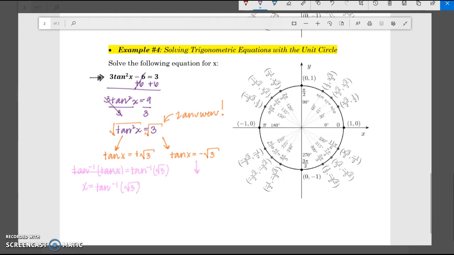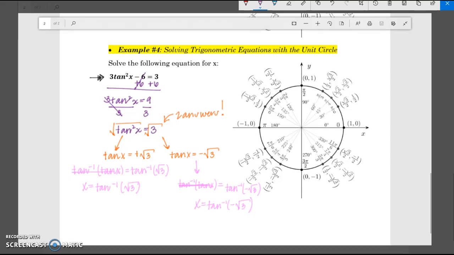I can do the exact same process over here. Inverse tangent of tangent of x being equal to the inverse tangent of negative root 3. Inverse tangent and tangent cancel out, and I'm left with x is equal to the inverse tangent of the negative square root of 3. So then I just need to evaluate those 2 operations.